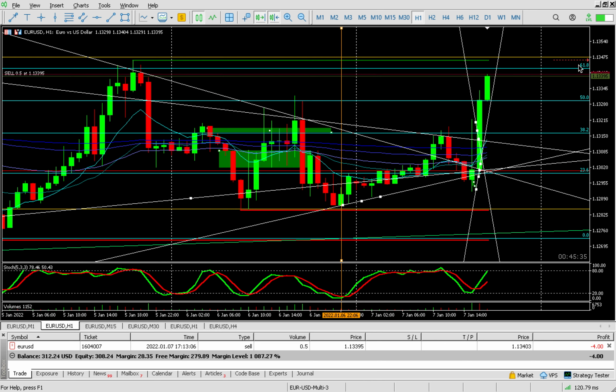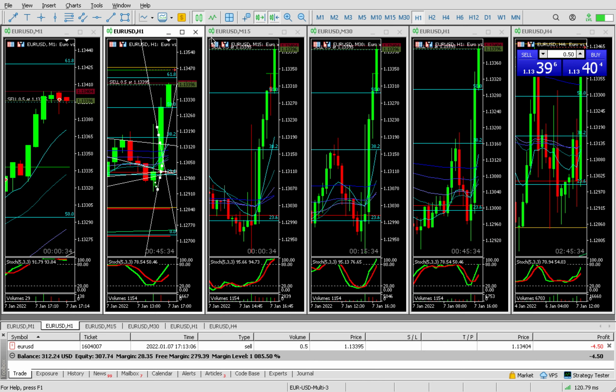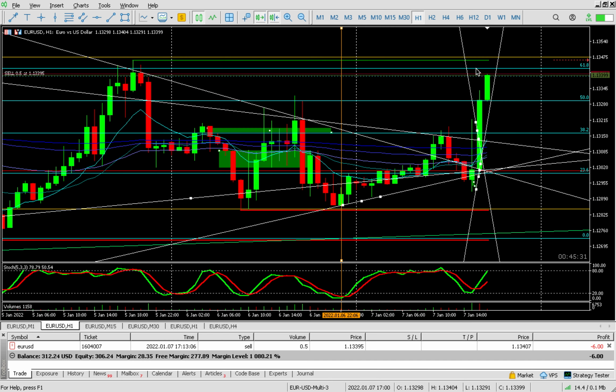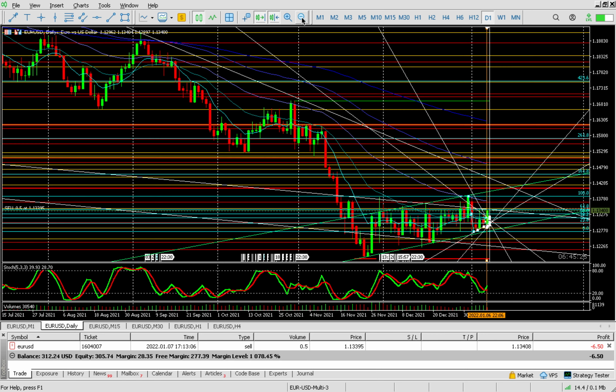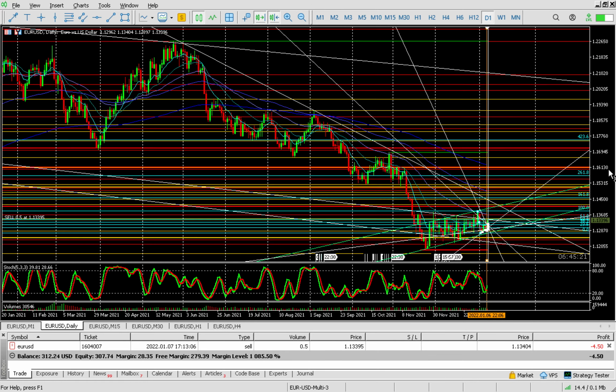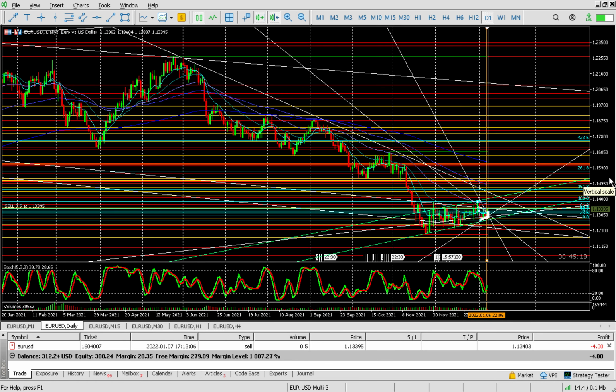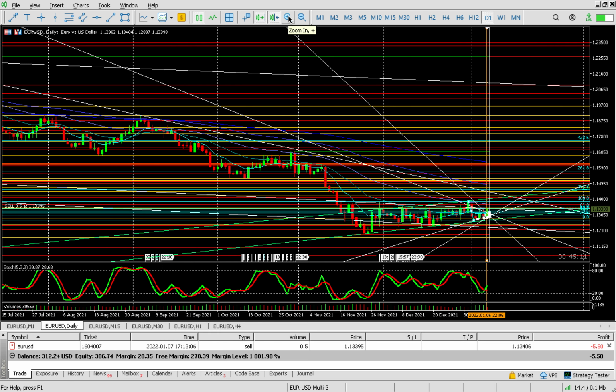I know I'm not the only one that's got this fib drawn. And if we back out, let's see, on the big time frame, what are we looking at? That may be too big a time frame to really talk about a fib.